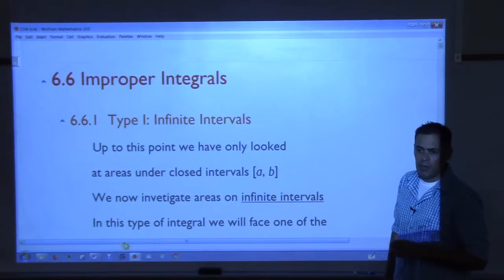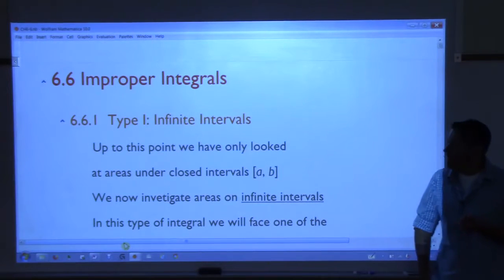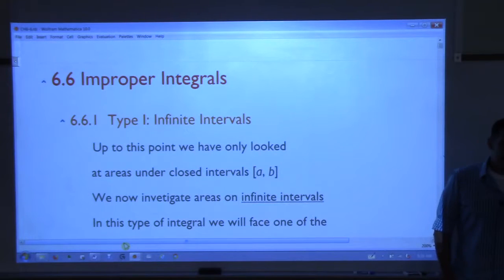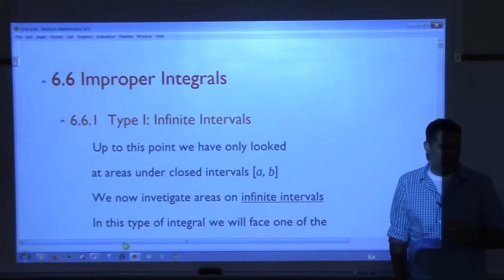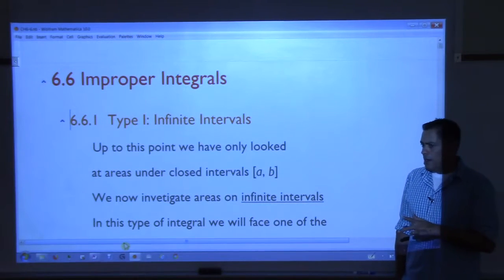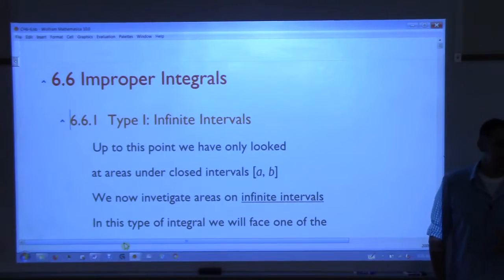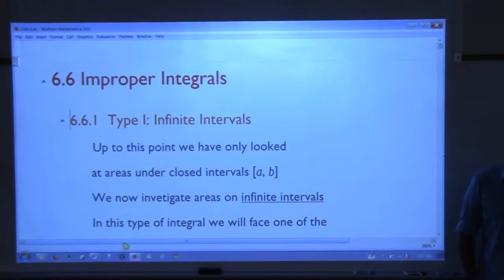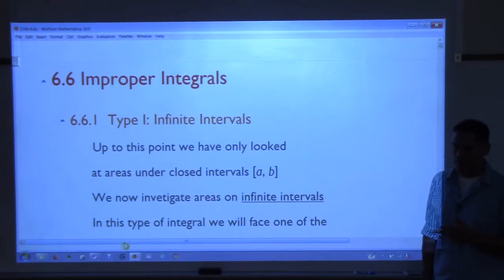Now, let me warn you ahead of time that to do what we're about to do, you have to be comfortable with taking limits, which is something you did in Cal 1. And I will also be implementing L'Hopital's rule. All right? So there are several things that you need to be able to recall here from Cal 1.